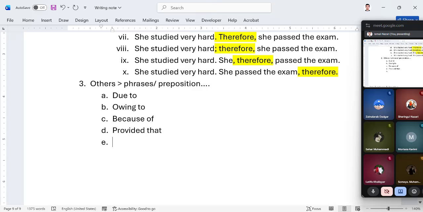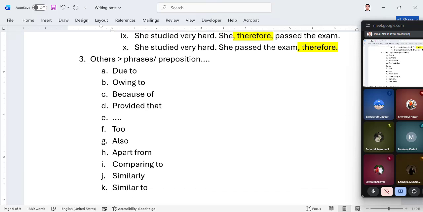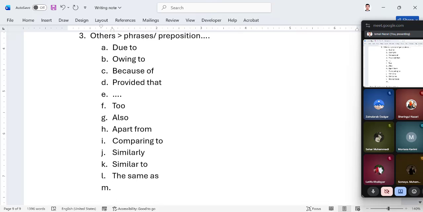The other transitions to show similarity, as I mentioned them, are apart from, comparing to, similarly, or similar to, or the same as, or we may have another plus a noun, when you say another color, another part, another section, and so on.